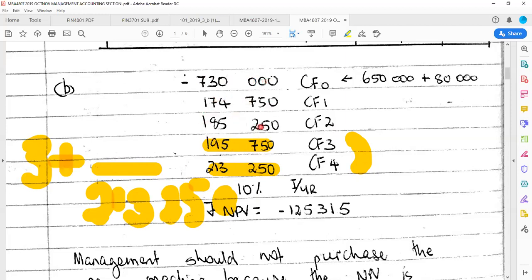So it will be 730,750 minus 557,750, giving us 172,250, right?